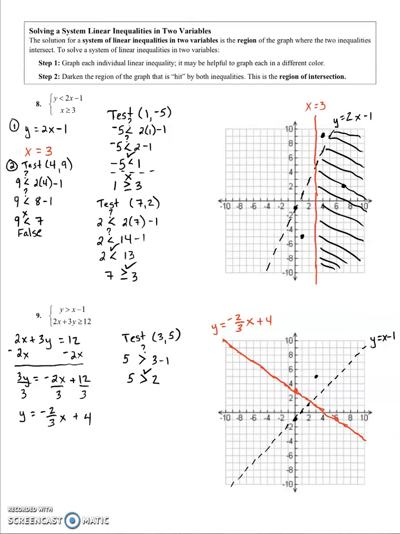So we have 2 times 3 plus 3 times 5. And we need to know if that's greater than or equal to 12. So 6 plus 15, and that gives us 21, which is definitely greater than or equal to 12. So we got lucky and we picked the right region to start with. So we shade it.